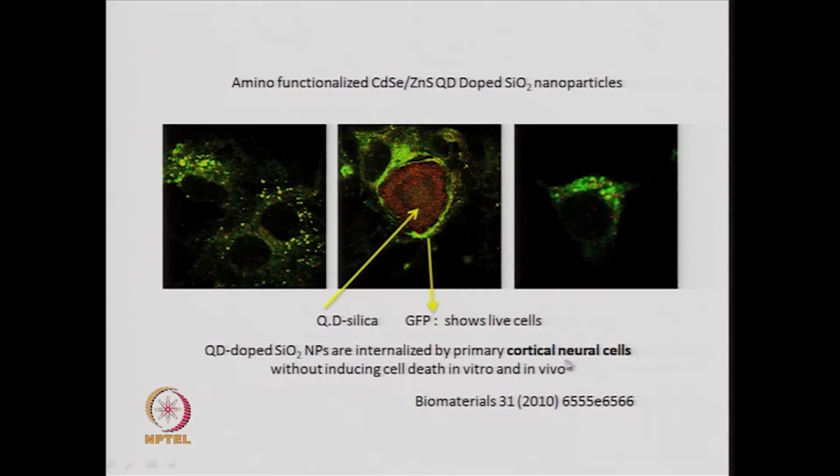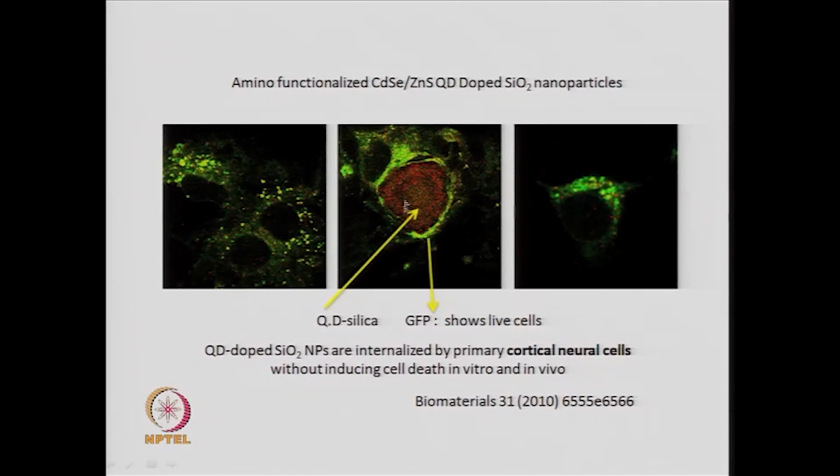These are some cortical neural cells, and you can see that the red particles, which are the quantum dots with the shell, are the red ones, and the green ones are the GFP, the green fluorescent protein. The property of the green fluorescent protein is that it will be seen only where there are live cells. So, these are all live cells, and these are the core shell particles, and this is from another part of the solution where a cell is present, and you can see that the quantum dot with the shell is internalized.